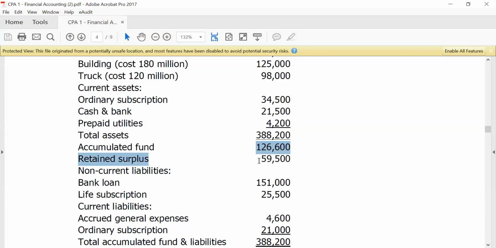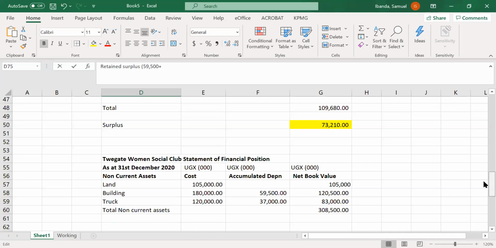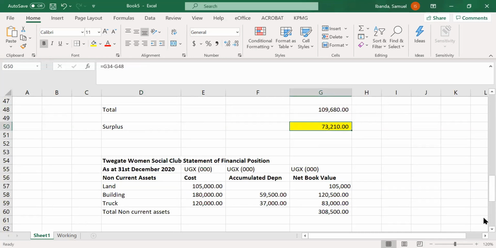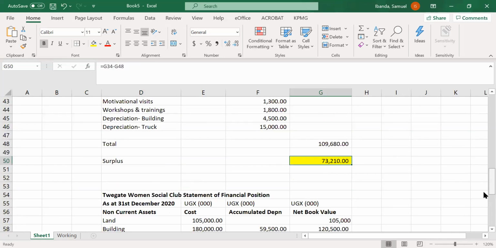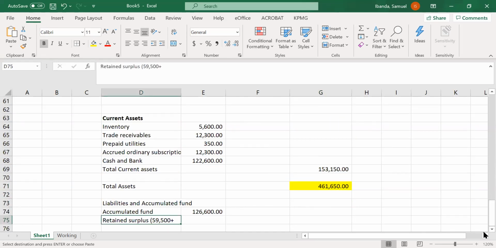So we get this 59,500, which was the beginning value, and add the surplus for this period. How do we get the surplus? It is what we have in our income and expenditure. The 73,210 is supposed to be brought here, added to our opening retained surplus to determine the closing surplus.